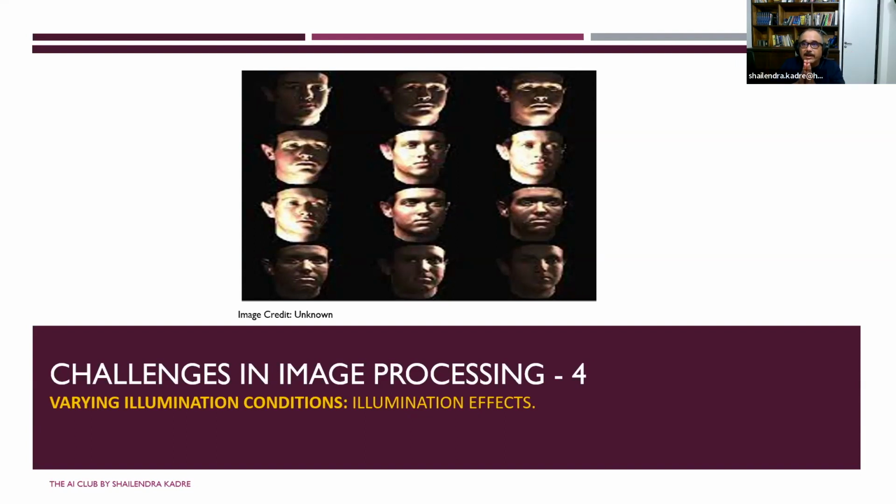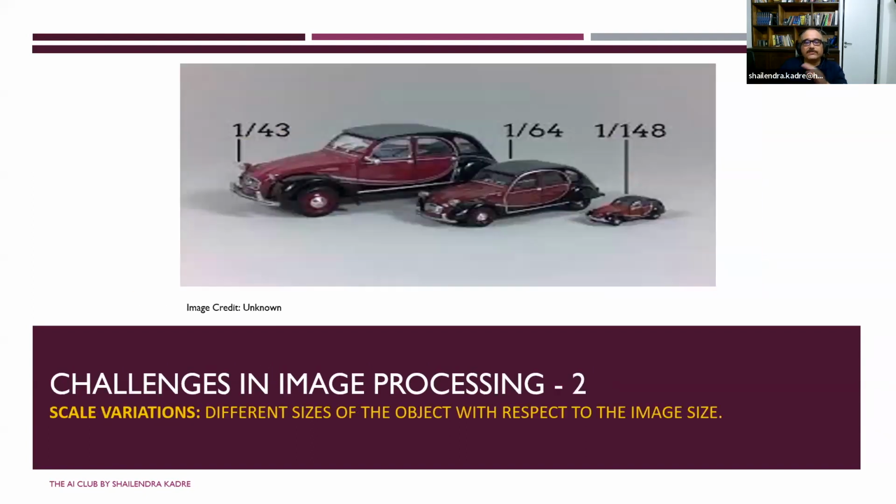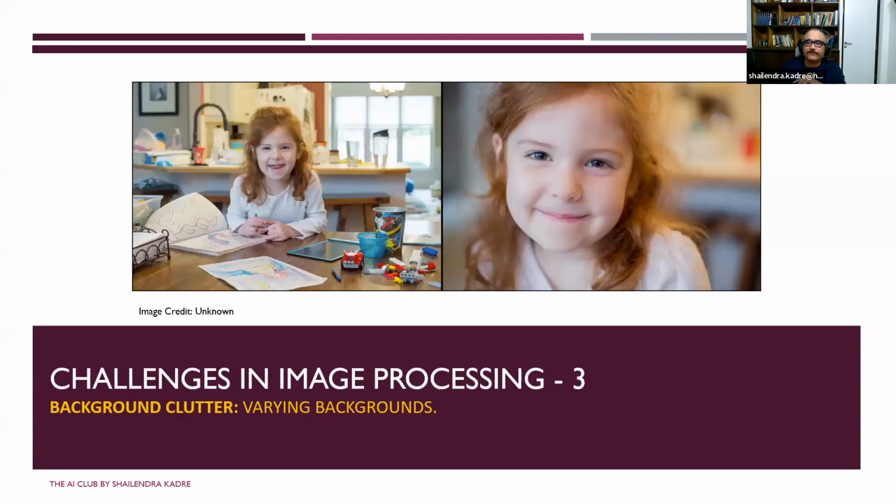RGB are very basic channels; digital images can have many more channels, which define different aspects of the image. So there can be more than 3 channels. Apart from that, you have challenges like illumination, clutter, scale and viewing angle. So dealing with images is not easy.